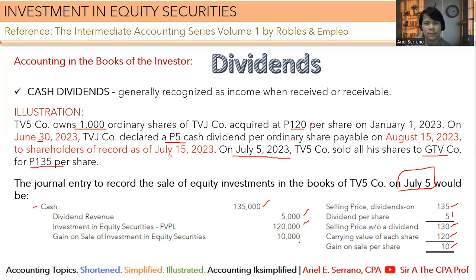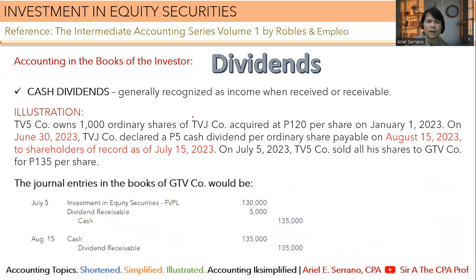For this illustration, meron tayong gain na 10,000, which is basically the 10 peso per share multiplied by the 1,000 shares. Can you follow? So, ayan po class, that is our journal entry here. I hope nasusundan po.